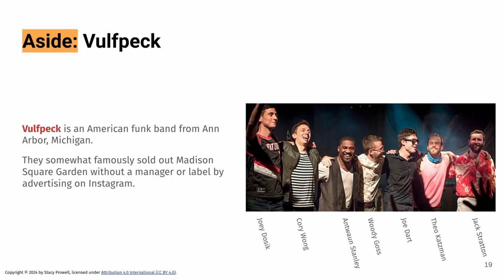They just advertise on Instagram. And you may recognize some of those names over there, right? You might recognize Woody Goss, Joe Dart, Theo Katzman, and Jack Stratton. And if you are really into music, you may recognize Joe Dart right off. So there they are. What has Wolfpack got to do with any of this?